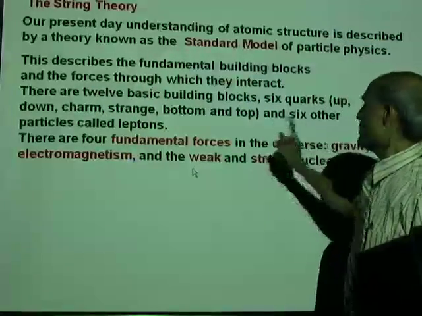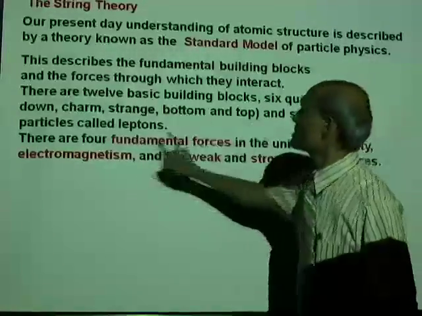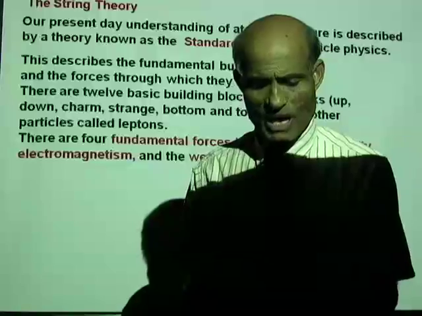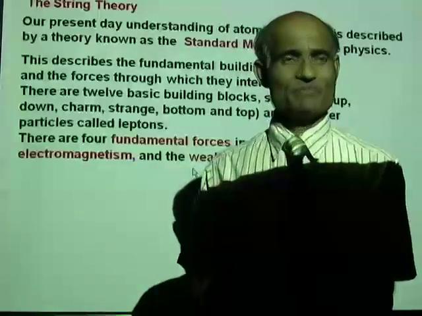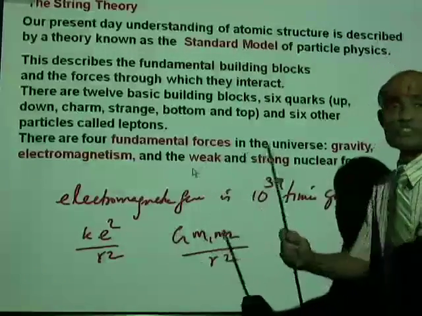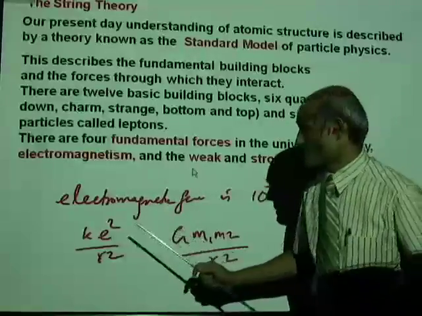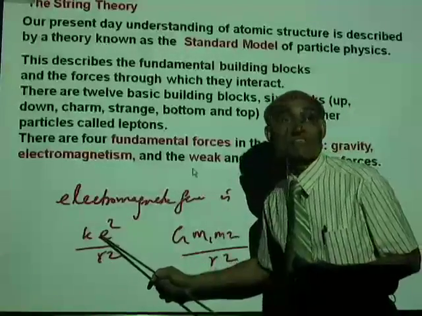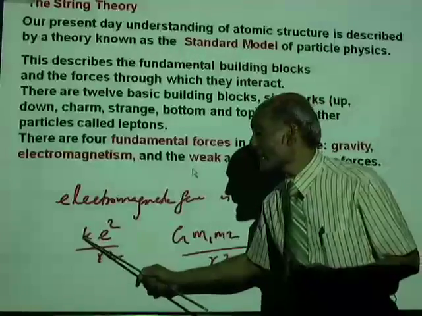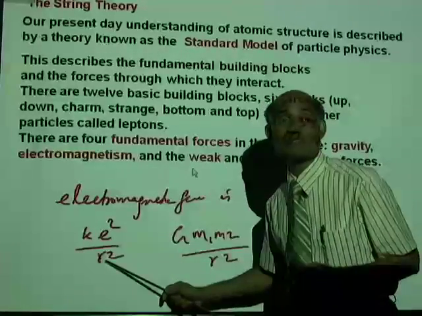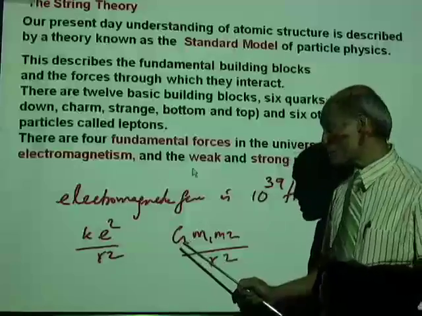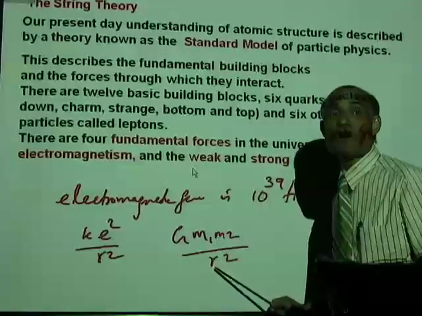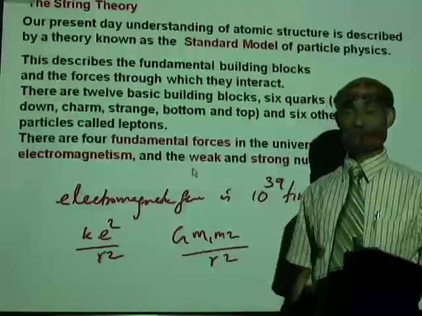Do you know how the gravity compares with electromagnetism? How strong are these forces? For example, if you consider 2 electrons, or an electron and a proton, the electrostatic force between them is Ke squared over R squared. And the gravitational force between them is G m1 m2 over R squared.